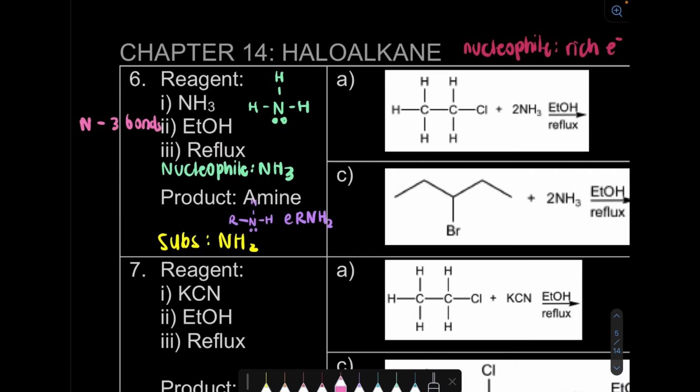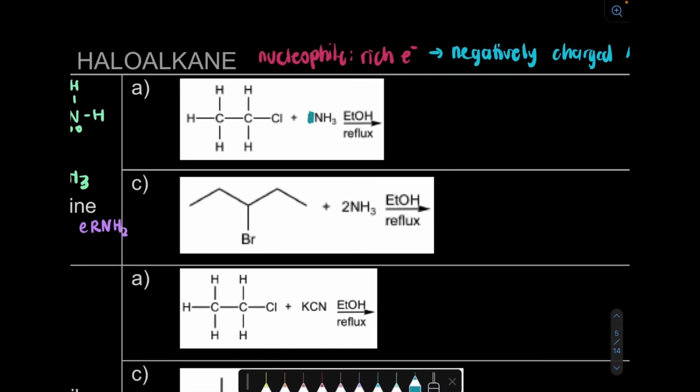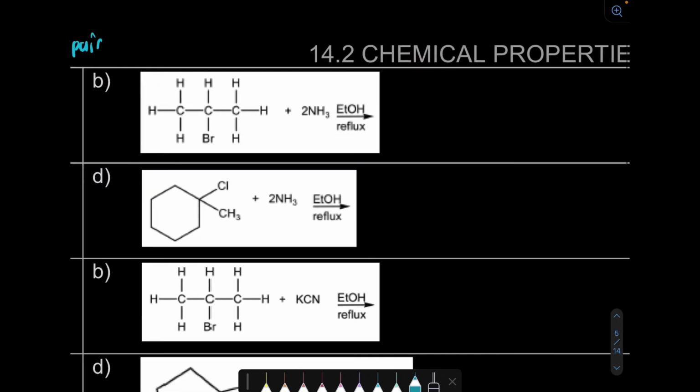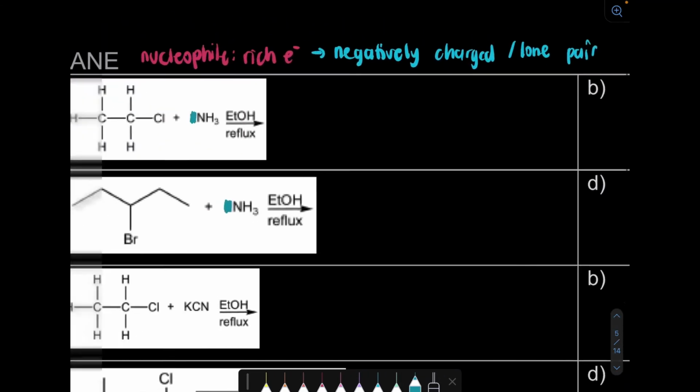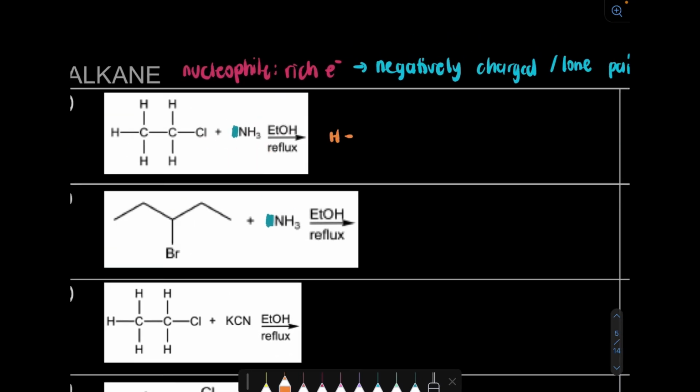Remember that nitrogen must have 3 bonds and the presence of 1 lone pair. That is why NH3 works, or an amine RNH2 also works, because it is still 3 bonds and 1 lone pair. So what happens here is that Cl will be substituted with our NH2.